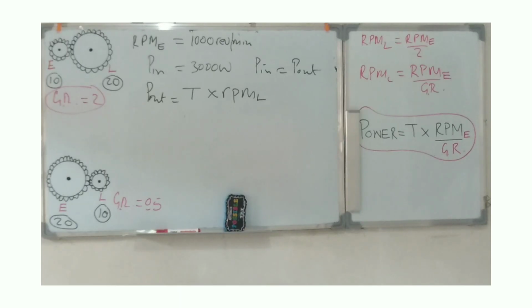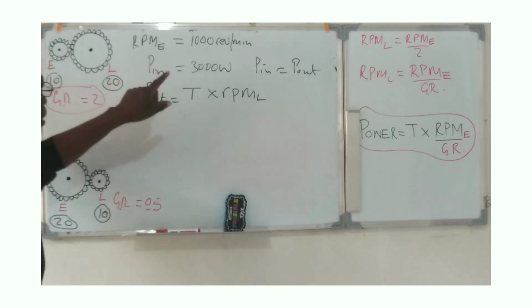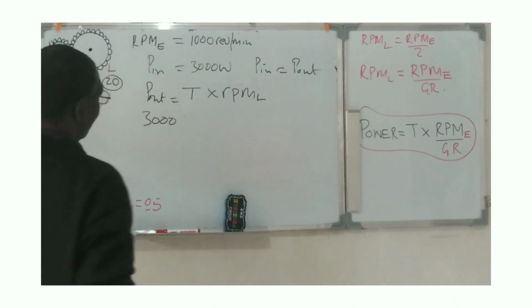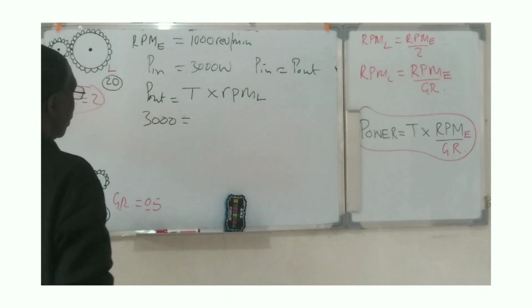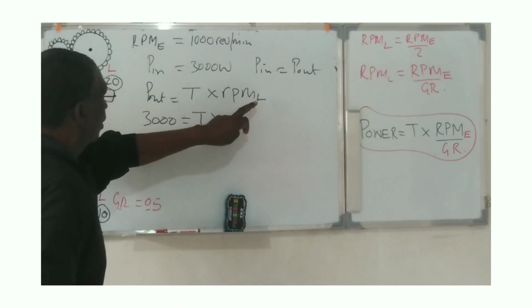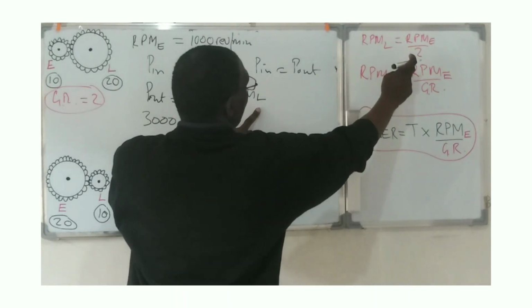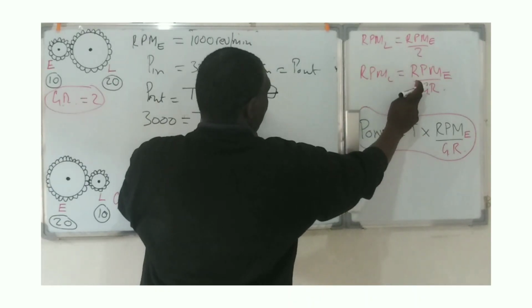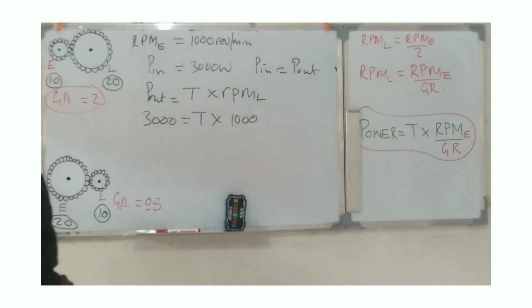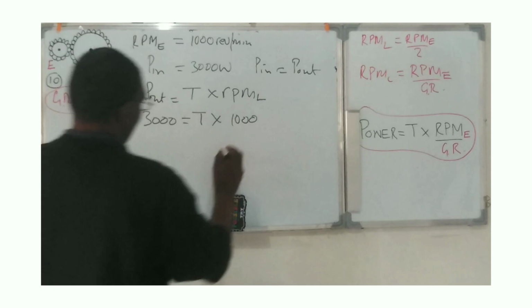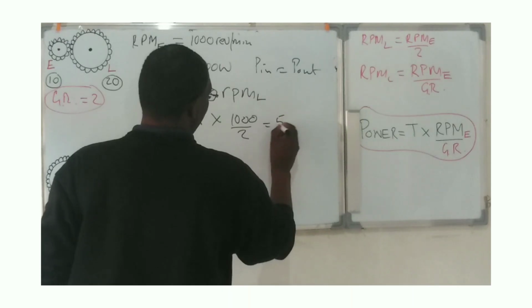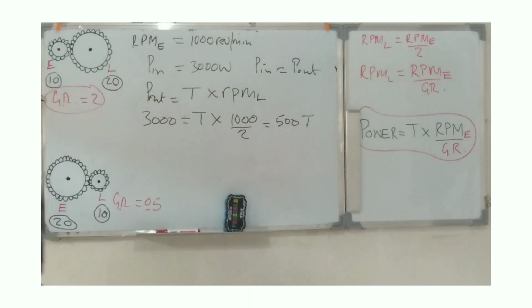Now let's feed in the numbers. We said power in is equal to power out. So here we can write 3000 is equal to, do we know our torque? No. T multiplied by RPM load, remember it's equal to this divided by gear ratio. So it's going to be 1000 divided by what? Our gear ratio is 2. That gives us 1000 divided by 2 is equal to 500 multiplied by torque.